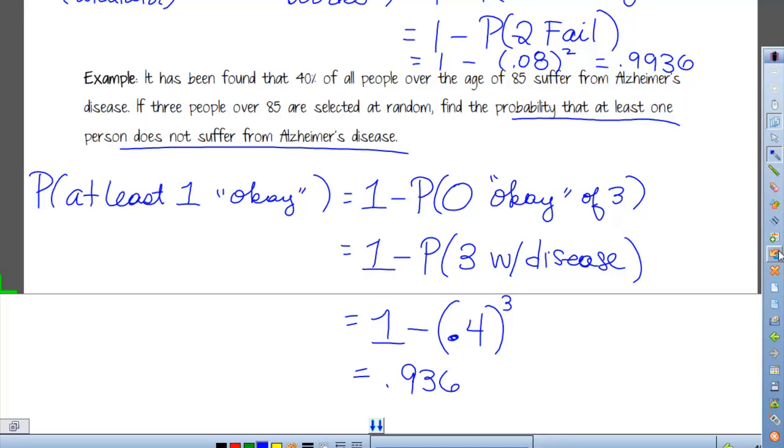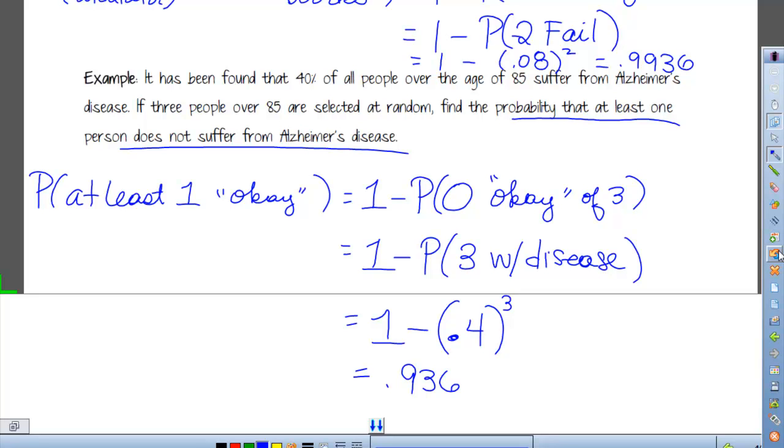So if 0 of them were okay, then we have to. Okay. All right. Very good. Questions. You got to pay attention to the little pieces. Okay. Questions. All right. So it's 0.936. At least 1 of the 3 would be okay, not have the disease, which is actually encouraging.